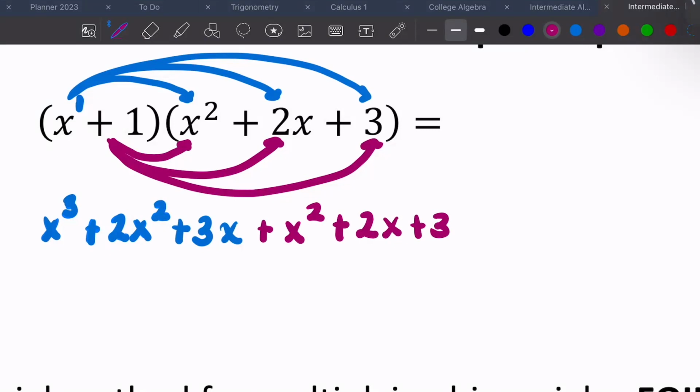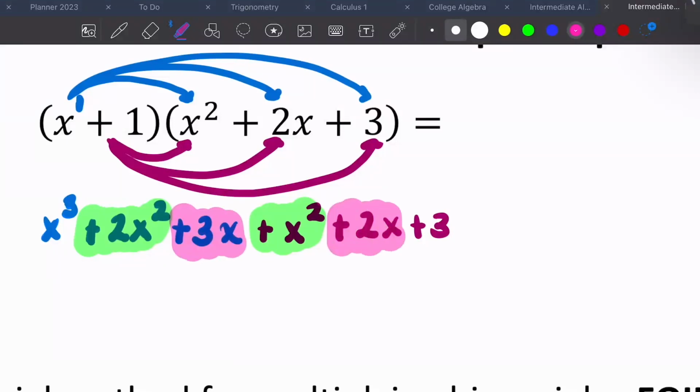Okay. Well, now look and see what we have. You should agree that we have an x squared and an x squared, a 3x and a 2x, right? Those are like terms, so we need to add our like terms. So we have x cubed, right?